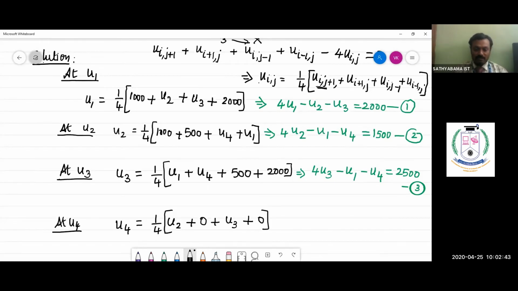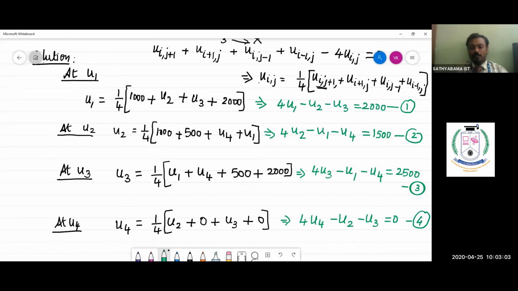So from this, we get 4u4 minus u2 minus u3 is equal to 0. Name it equation 4.